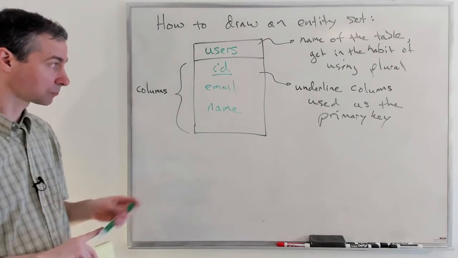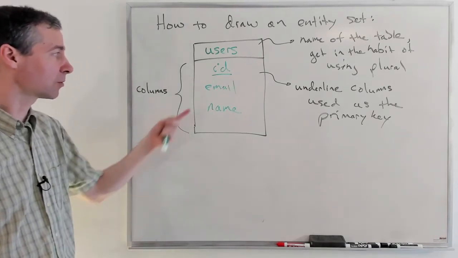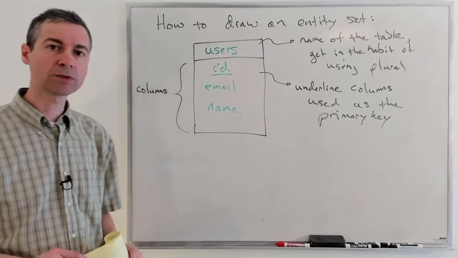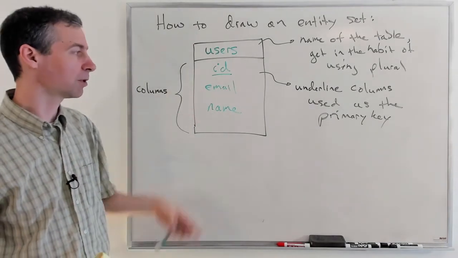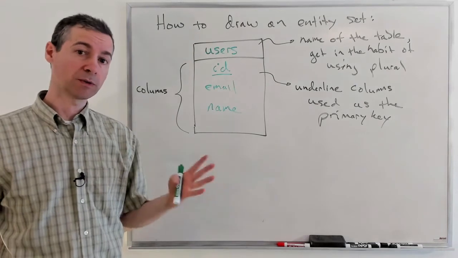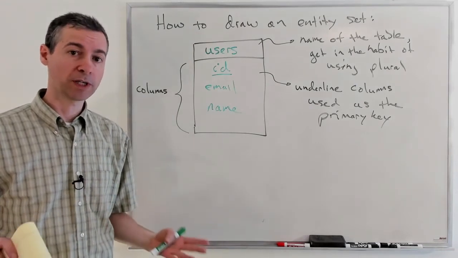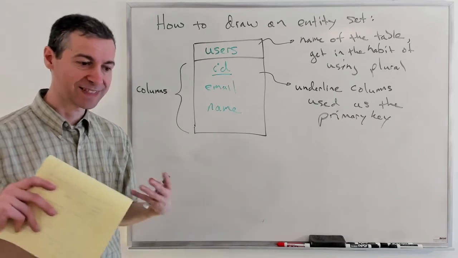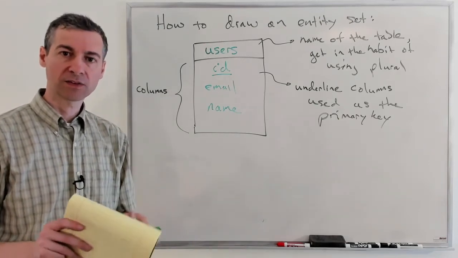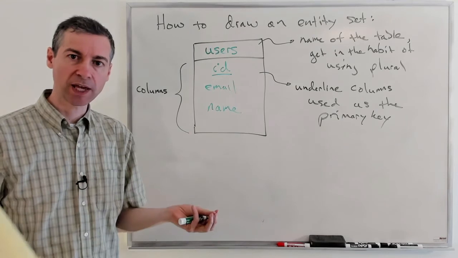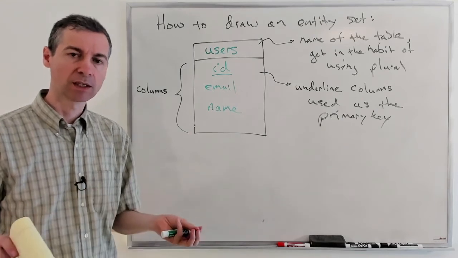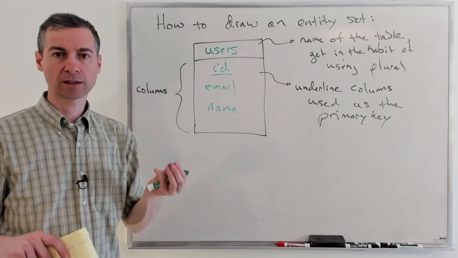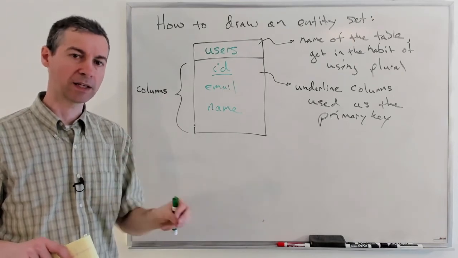Now, you might say, well, the email should be unique. Why won't I let my users have the email be the primary key? Remember, one of the important rules of a primary key is that it shouldn't change. So once we've identified this specific entity, this specific thing, we want that identifier to stay that for the life of that entity.